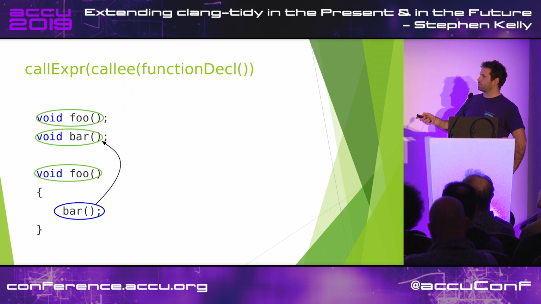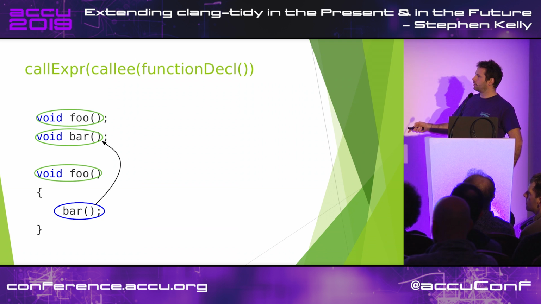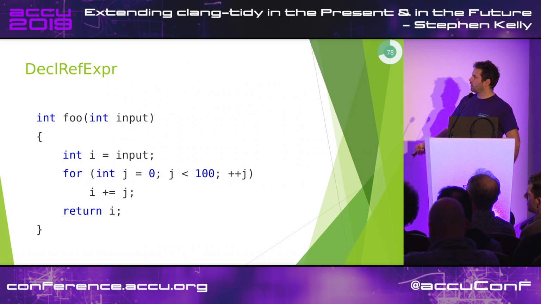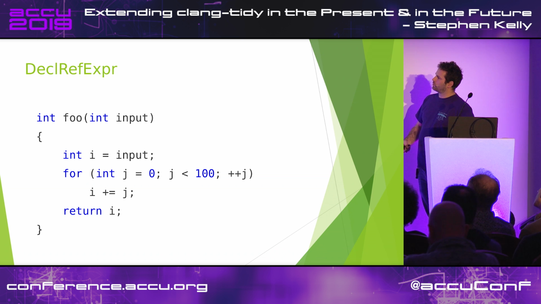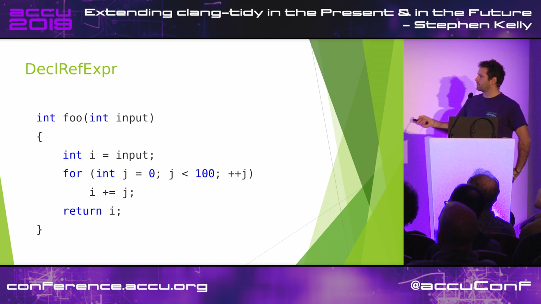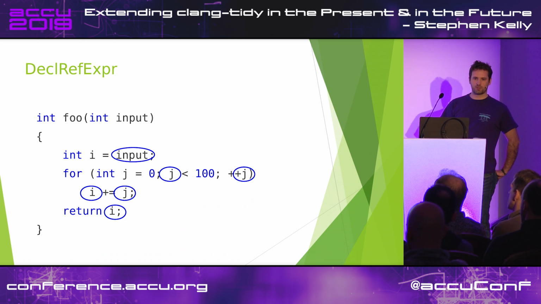So if I have a call expr, I can put in callee function decl, and the function decl relates to exactly whichever function is being called. DeclRefExpr is, what is it? Expressions which reference declarations. So here in this source code, all of the circled elements are declRefExprs in the Clang AST.